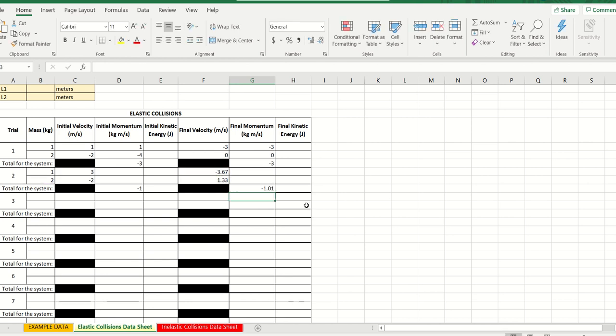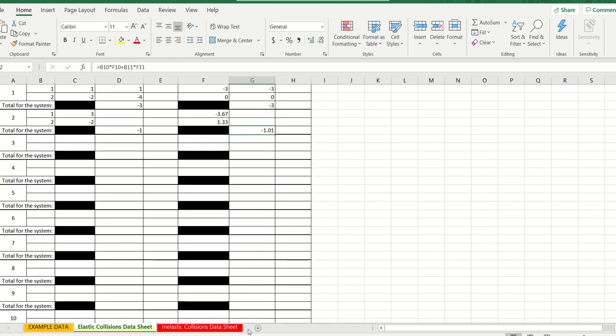And if you do the calculation, you see it's -1.01. -1 is basically the same. So the idea for this lab is to basically keep calculating the final momenta and just write down these are the numbers. And basically what you see is that they're going to be the same. So you should eventually get a plot where it's just a straight line and it's just, you know, a slope of 1 because it's the same. Initial momentum equals final momentum.